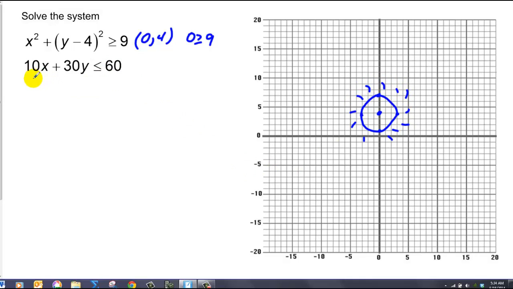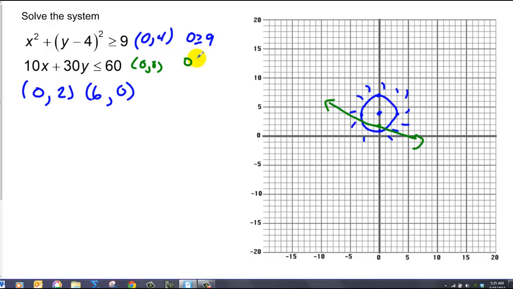And then once again, I'm going to use intercepts. If I set x equal to 0, my y value is 2. If I set y equal to 0, my x value is 6. And then I can go ahead and graph those points, connect those dots, and test a point 0, 0.